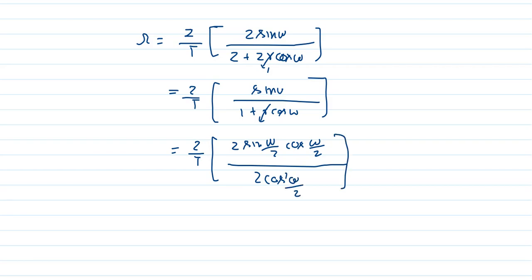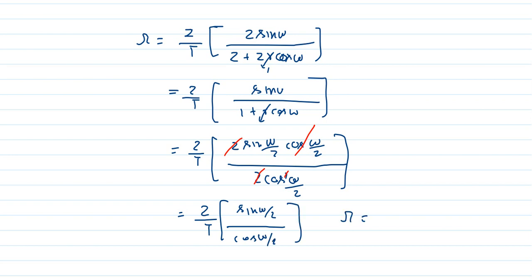Now I can cancel the common cos omega by 2. So I'm left with 2 by T sine omega by 2 by cos omega by 2, which is nothing but omega is equal to 2 by T tan omega by 2.